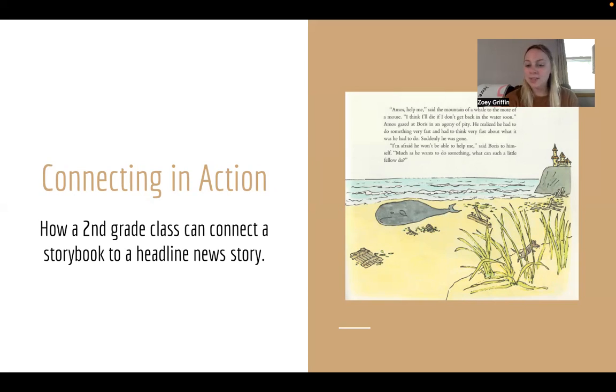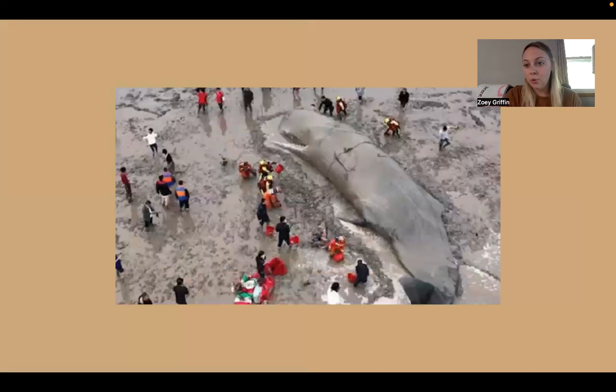But as fate would have it, the next day, in their local area, a whale washed up on the beach. And she thought, oh my gosh, this is a great opportunity to connect what we just read to this real world situation.